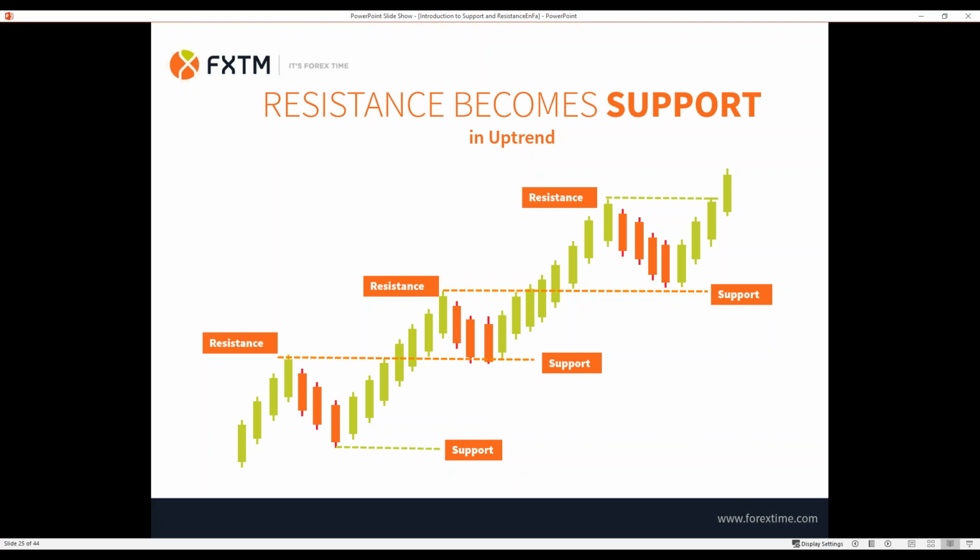And this brings me to my favorite subject of range. Where in a range there is equal probability that the price will break either up or down.